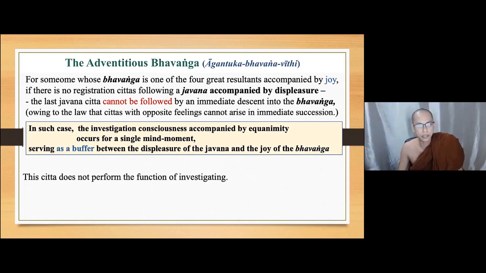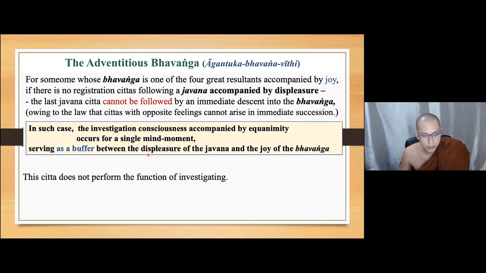We can name that moment the adventitious bhavanga because it occurs just for a single moment, only one time. It serves as a buffer. A buffer is something between two things which are bumping into each other.